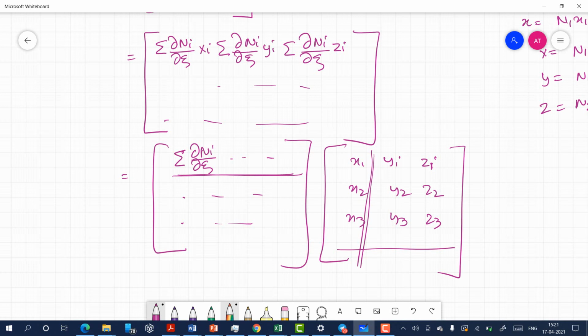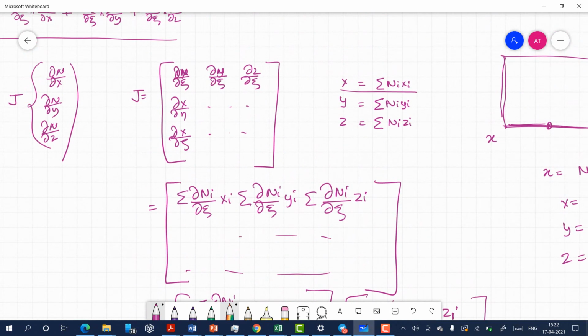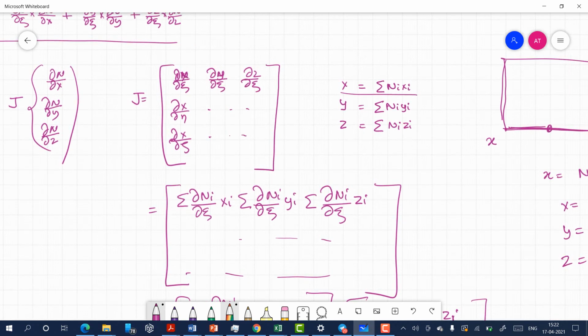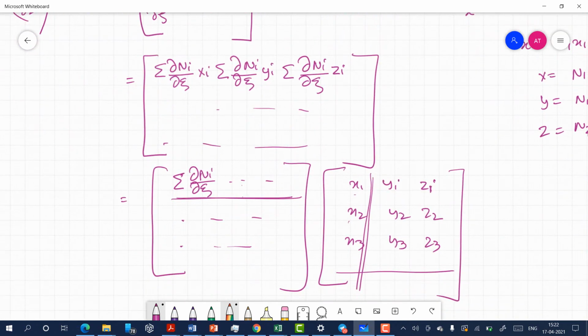So at each point, I have del n by del zeta into x1, then del n by del zeta into y1. Y is n i y i. So, yeah, that is the problem. I have written it in a wrong way. So it should be x1, x2, x3, and here y1, y2, y3, and z1, z2, z3.